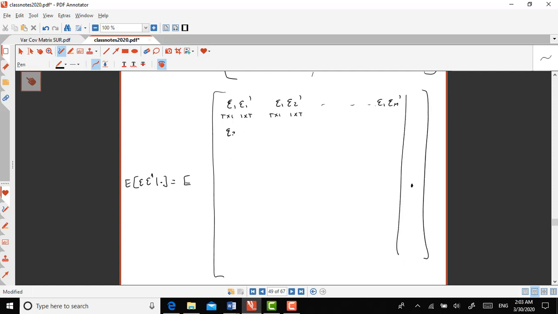Here we're going to have e_2 e_1 prime, e_2 e_2 prime, and so on until we get to e_M e_M prime, e_M e_1 prime.